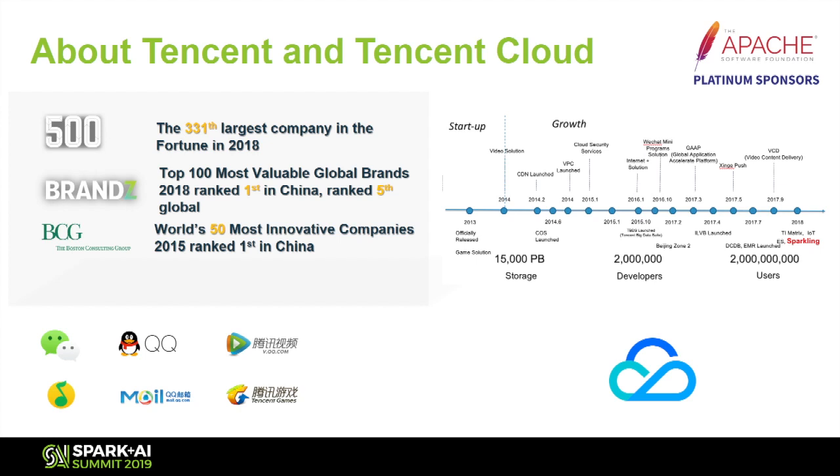It's growing very fast, and now it's one of the top two largest cloud vendors in the local market. One thing worth mentioning is we are the first Apache Platinum sponsor from China, which means we also make a lot of open source contributions on Hadoop, Spark, Flink, HBase, etc.